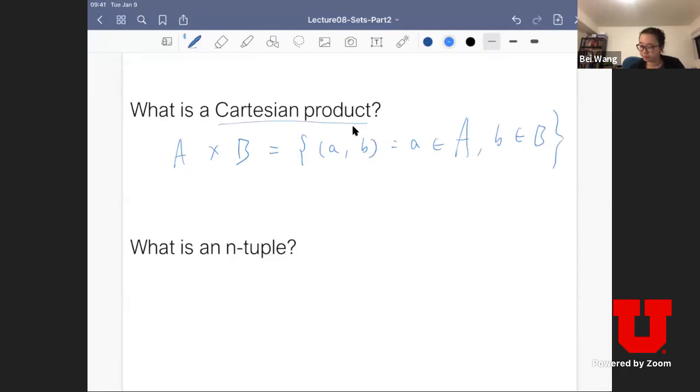Now an n-tuple is this: let's say you have n sets and you choose an element from each set.